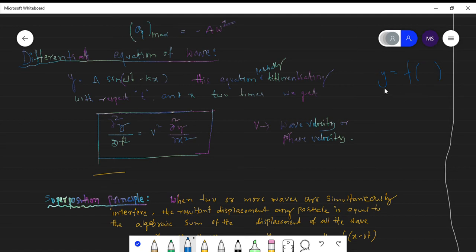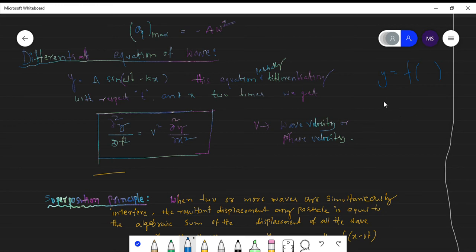We don't know by seeing the function, but we can differentiate this equation two times with respect to t and two times with respect to x, and by equating the two equations, if the form of this function is like this, ∂²y/∂t² is equal to v² into ∂²y/∂x², that is the traveling wave equation. Otherwise it is not a traveling wave equation.